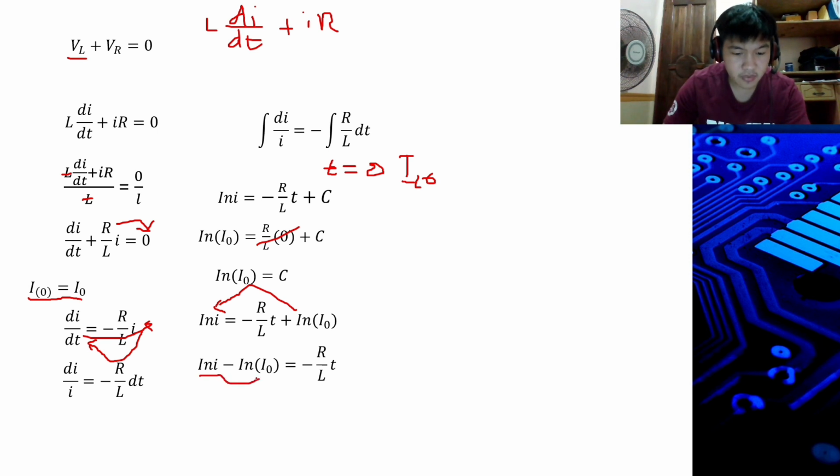using the quotient rule of logarithm we can write this equation like this.